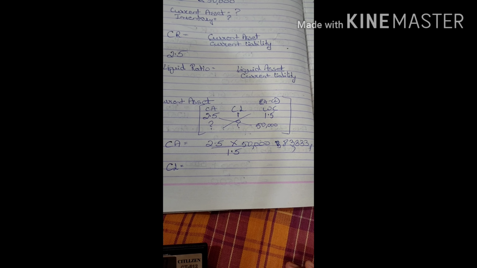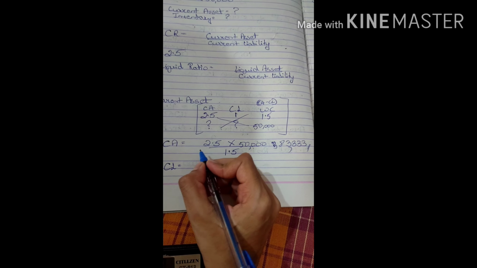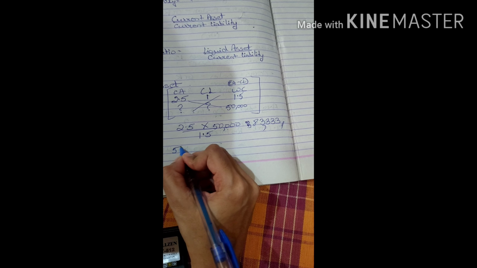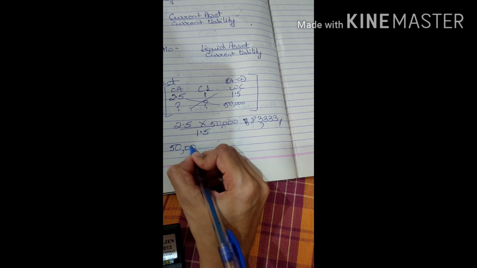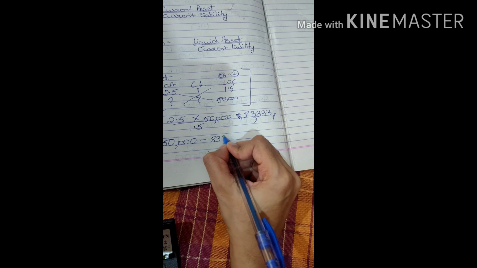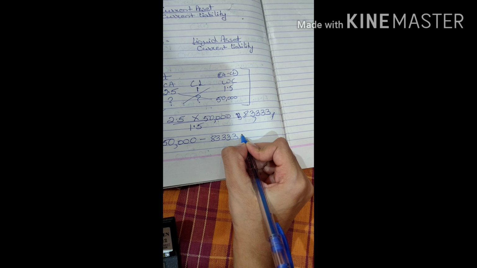Now to find out current liability, we know our working capital is 50,000 and our current asset is 83,333.